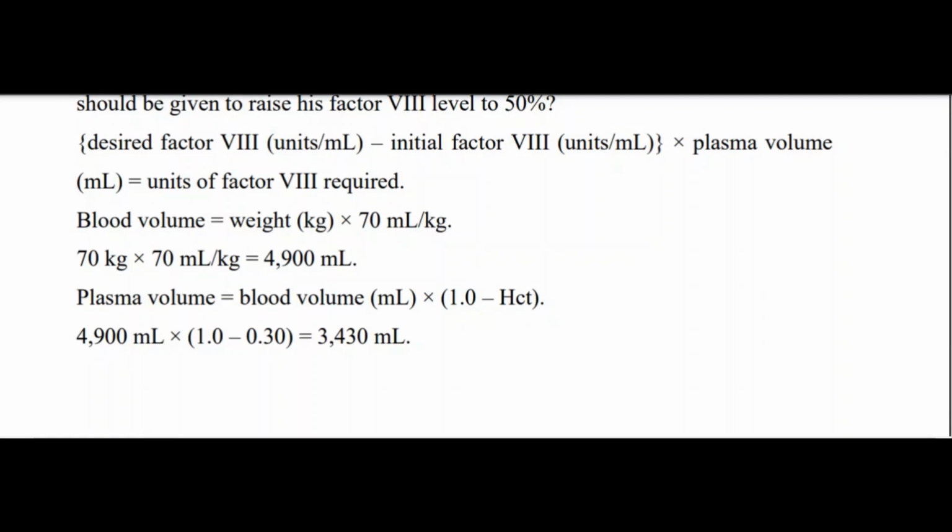So 70 kilograms of body weight times 70 milliliters per kilogram gives us 4,900 milliliters of blood. So a 70 kilogram man should contain at least 4,900 milliliters of blood. That is the blood volume of the patient.